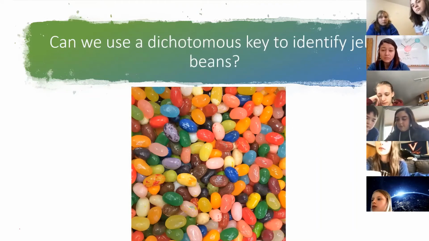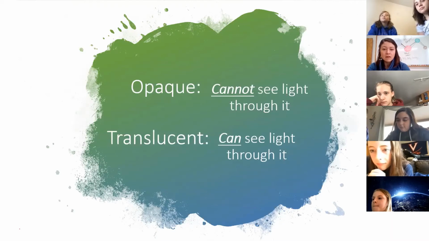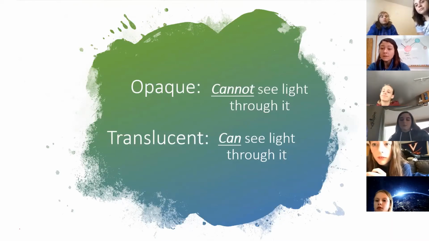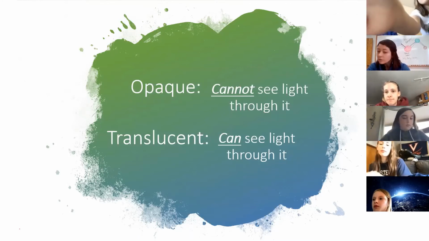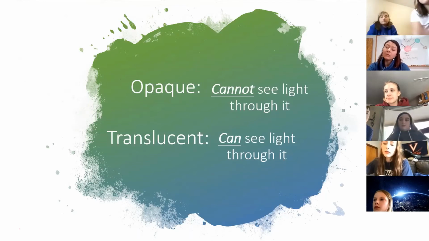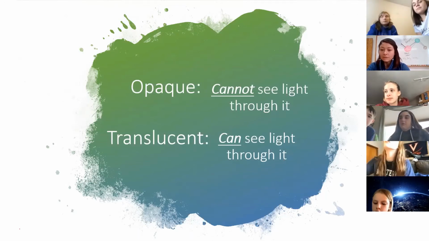Those are the two words we're going to go over. Some of you are probably familiar with those terms, but we'll go over what that means here, okay? So opaque means you cannot see light through it, or light cannot go through it. Translucent is that you can see light through it, or that light can go through it. Does that make sense?